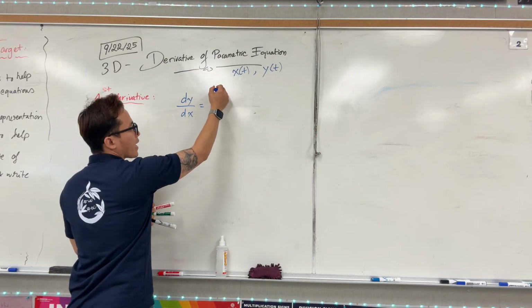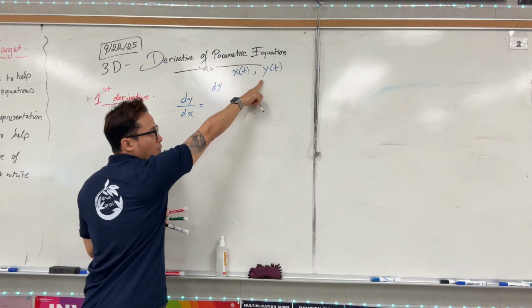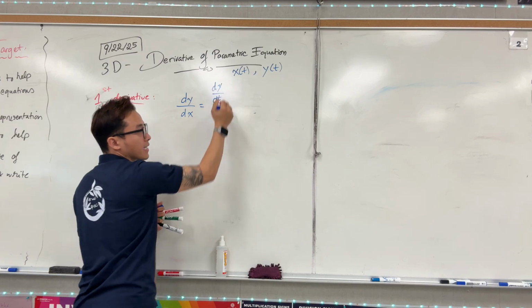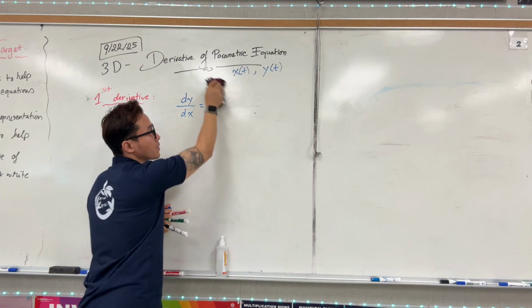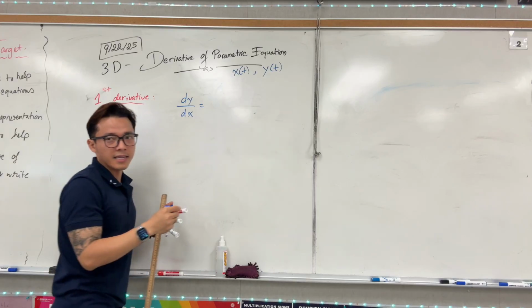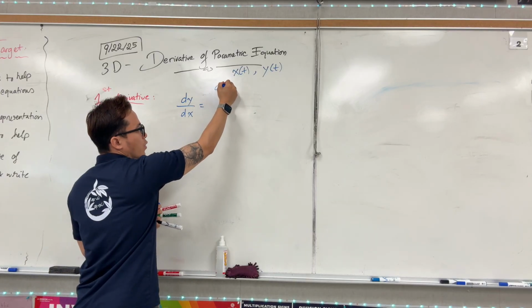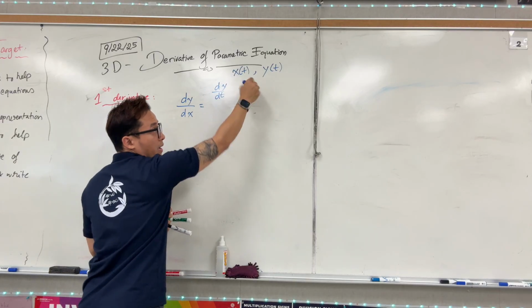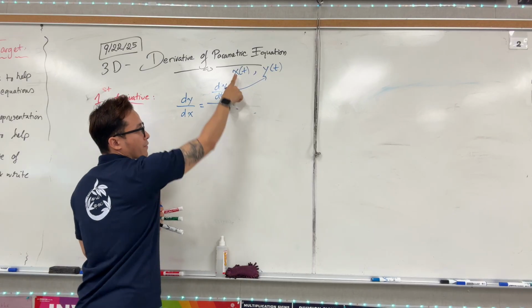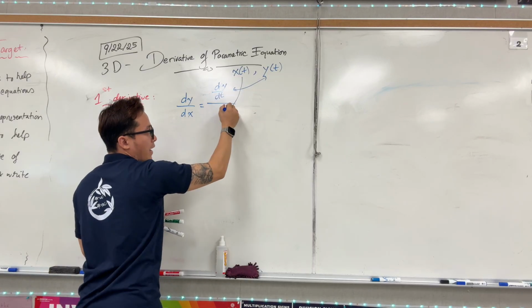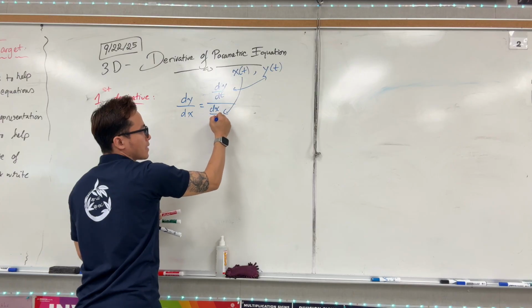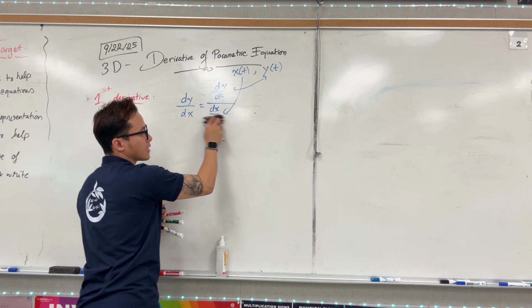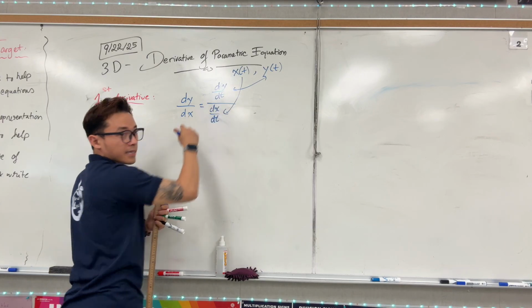From y as a function of t, can you find dy over dt? Yes, they give you a function of t. And from the function of x, can you find dx over dt? Yes. What happens to the dt? They cancel out.